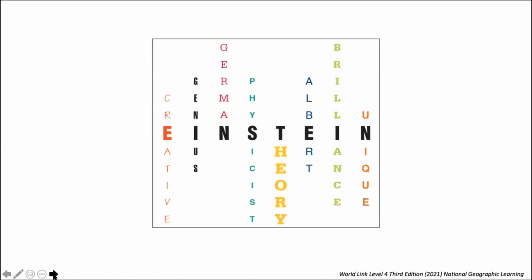So the topic was creativity, but I also wanted students to use their creativity. So I gave them a kind of brainstorming activity in which you write the name of the famous person across a piece of paper. So you write Einstein, for example, and then you brainstorm words that describe that famous creative person. And then you run those words off the name.